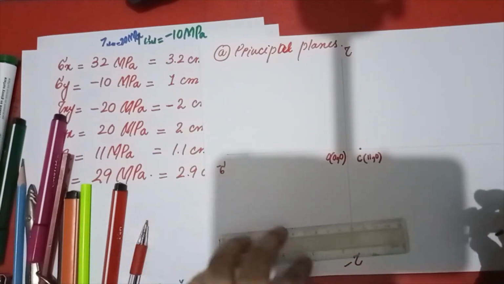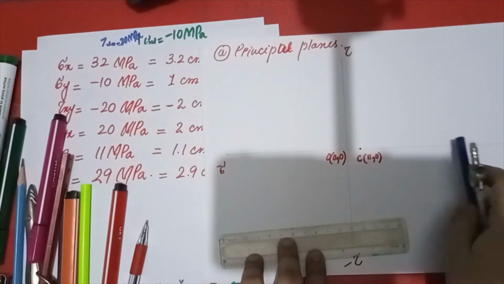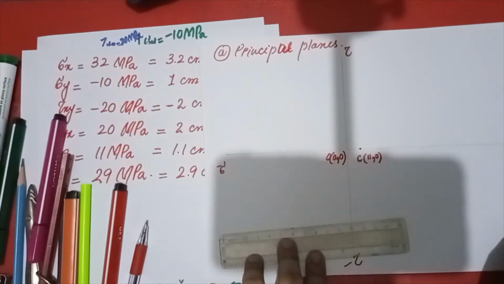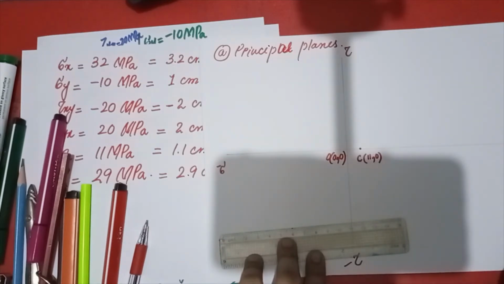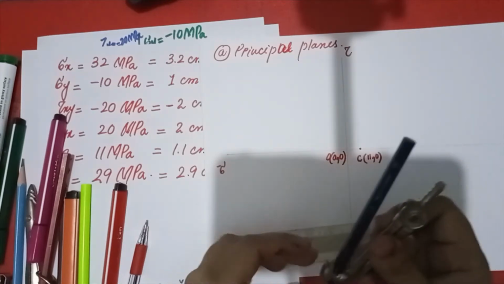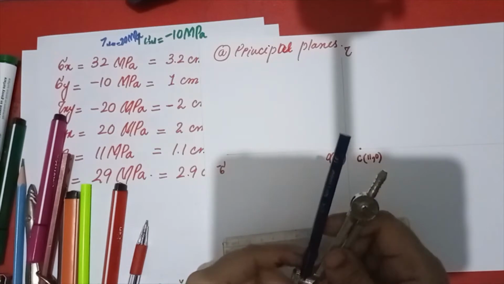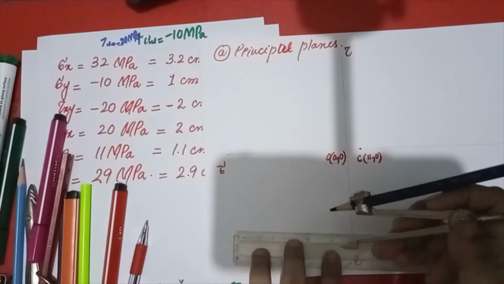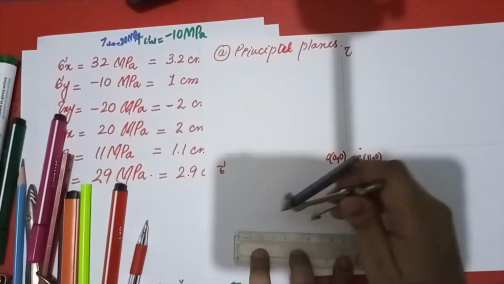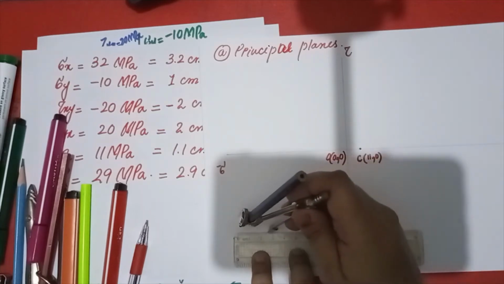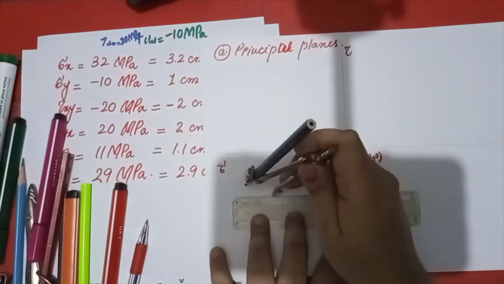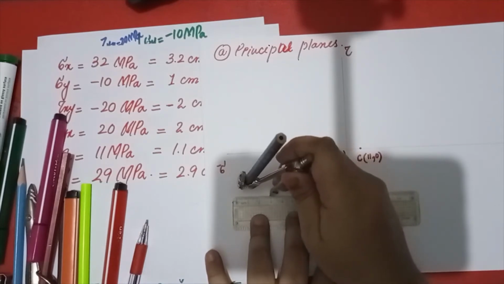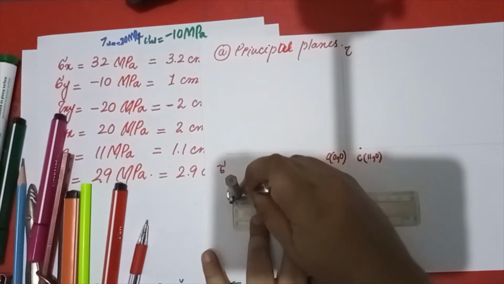I need to find out wherever the circle touches the x-axis, or you can say normal stress plane, so then I will get the values of sigma x and sigma y, or you can say sigma dash for the principal planes. So it is 2.9 centimeter. Is it visible to all of you? Okay, 2.9 centimeter.